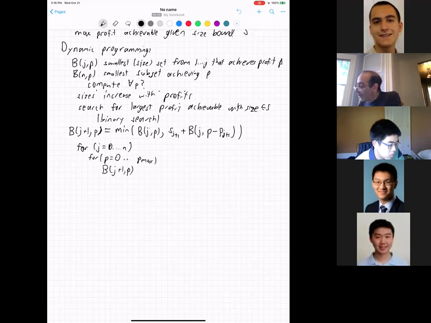So we don't actually run this as a recurrence, because that would take exponential time, but instead we just iterate over all of the table entries in order to fill them in. And the point is that by the time we're trying to fill in the j plus first row, we have the jth row complete. And so we have all the information we need in order to fill in the j plus first row. Any questions about this?